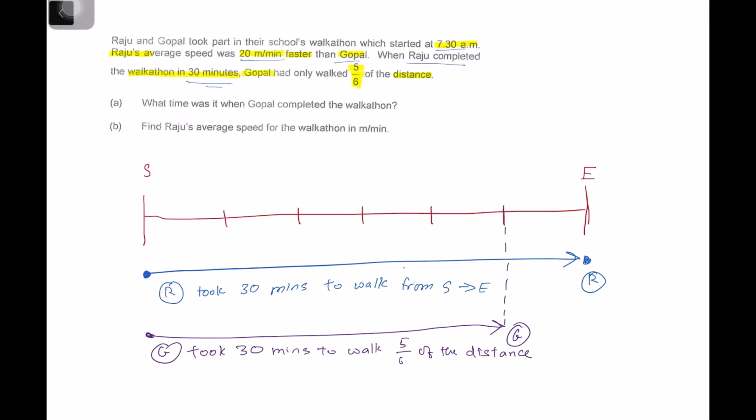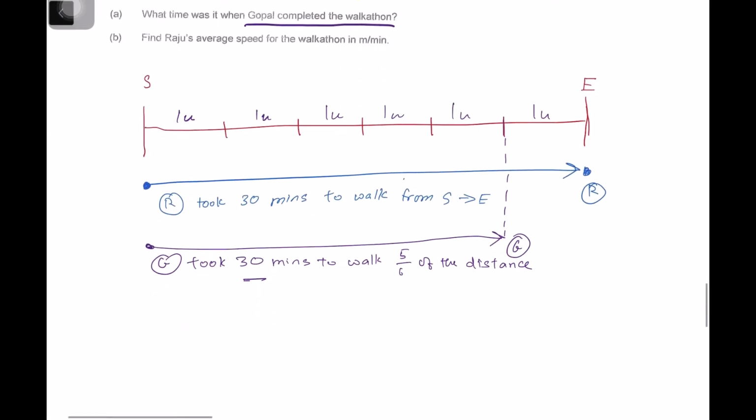Right? So now, what time was it when Gopal completed the walkathon? So, if Gopal took 30 minutes to walk 5/6 of the distance, we have 1 unit, 1 unit, 1 unit, 1 unit, 1 unit, and 1 unit. So, Gopal took 30 minutes to walk 5 units, right?